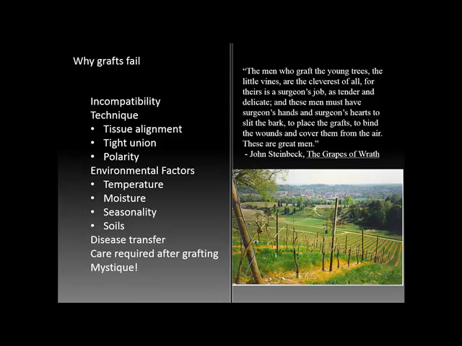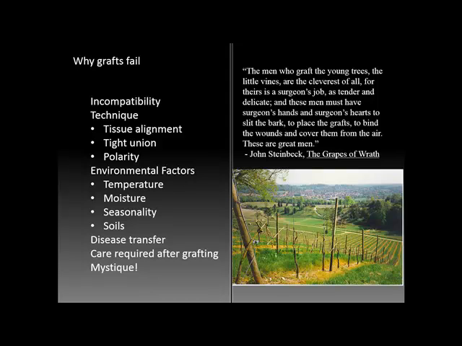So I already talked about why grafts fail. Grafts can fail immediately without any union, or grafted plants can fail out in the field, in the orchard or vineyard. They can fail because of tissue alignment, because they were put in the wrong polarity, or over time they can fail because of environmental factors that do not favor the plants.